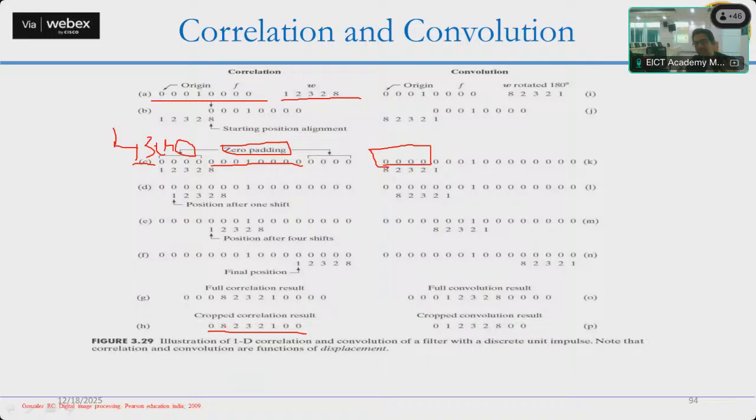We will see gradually how we decide the mask to make an impact. Thereafter, we shift it toward the right, and we get this output. But the important part is that correlation and convolution have different outputs.